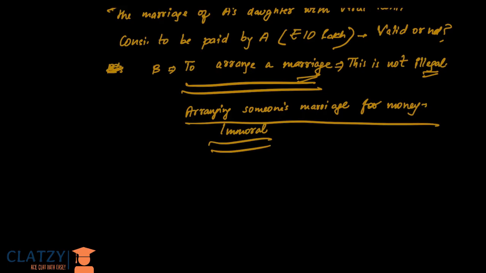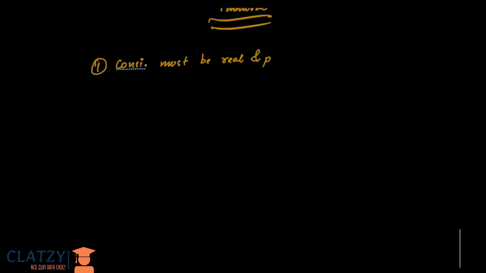All right, so remember these two conditions. First condition was consideration must be real and possible to perform. All right, and remember the moon example.